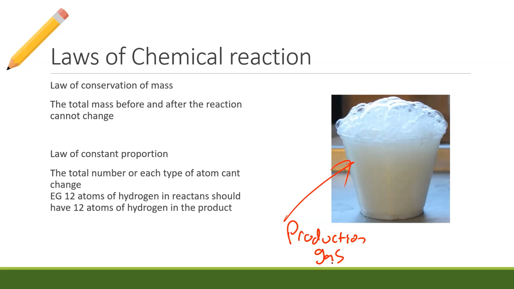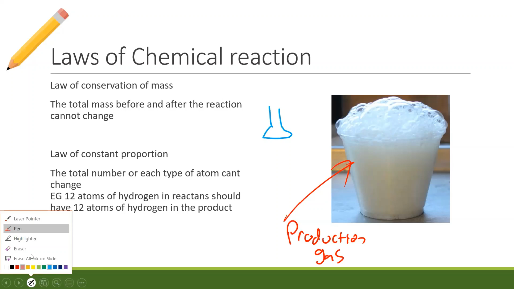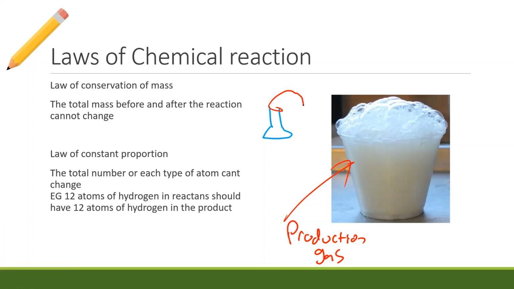If you wanted to double check that, you would weigh out the mass, put it in a jar, and then burn it in the jar. If you burn it in the jar, then there's nowhere for the gas to go. That's actually why the experiment that we usually do for this one in Year 9 is we get a flask and put a balloon over the top of the flask.